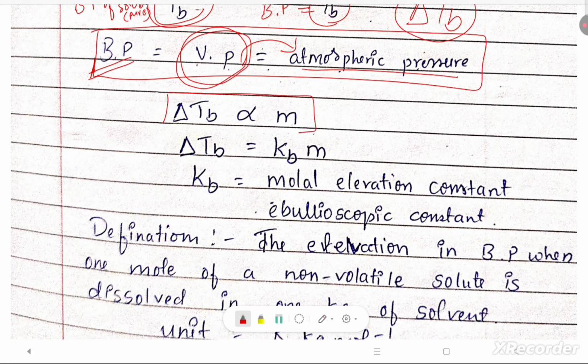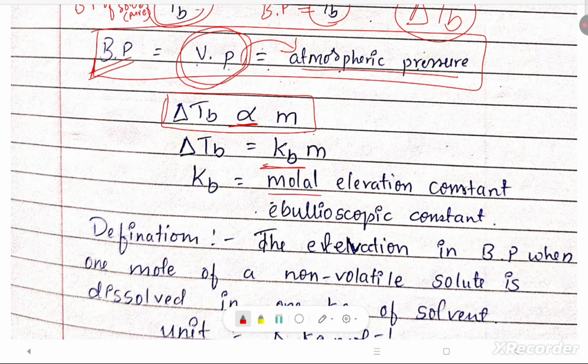Then this delta Tb is directly proportional to molality. Okay. Why are we taking molality? Because molality does not change with temperature. That's why we are taking molality here. This elevation of boiling point is directly proportional to molality. If you remove the proportionality, you will get a constant, that is Kb.